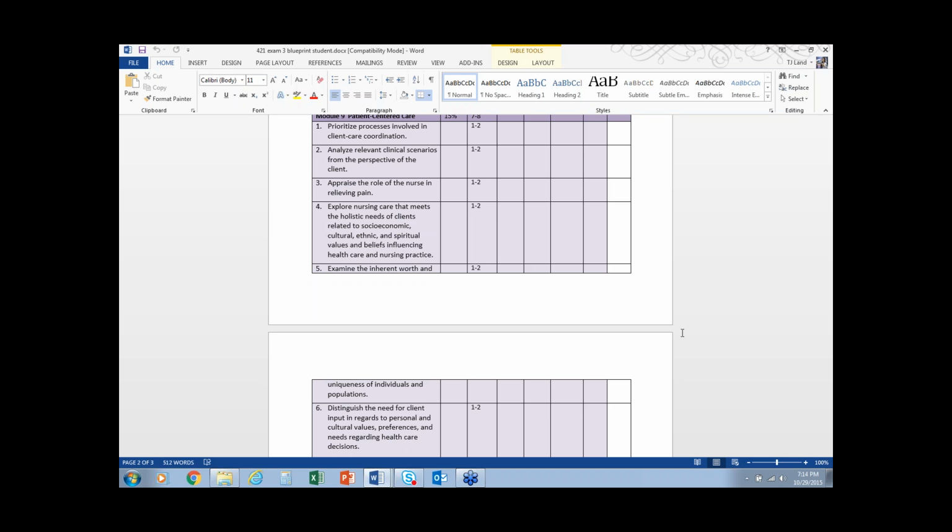Number 5 says that we need to be able to examine the inherent worth and uniqueness of individuals and populations. So what does it mean when a nurse thinks about the worth and uniqueness of a person, people, a community, or even a population?